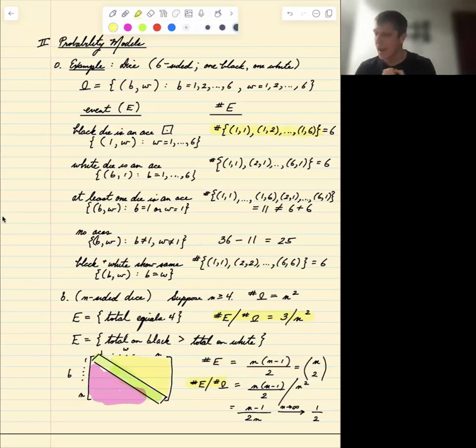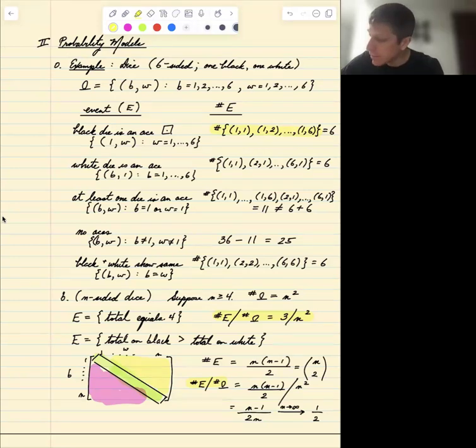It's not possible for every one of them or even two of them to occur. We're going to see exactly one outcome of the black die and the white die. So let's say we roll a 1 on black and 2 on white, a 1,2.